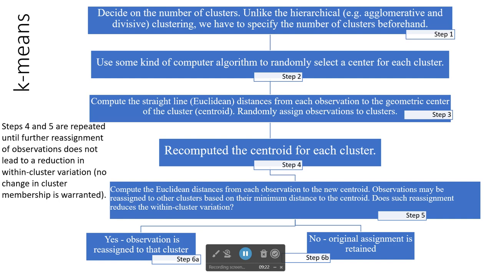So as you can see, k-means clustering proceeds in a different manner than the hierarchical agglomerative clustering. So if the distance is greater or the same, no reassignment is being done. The case or the observation remains in their original cluster.